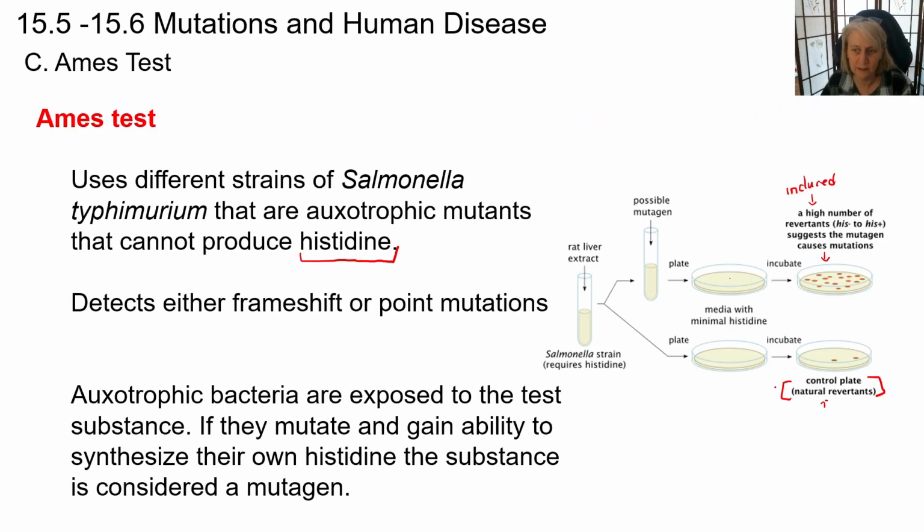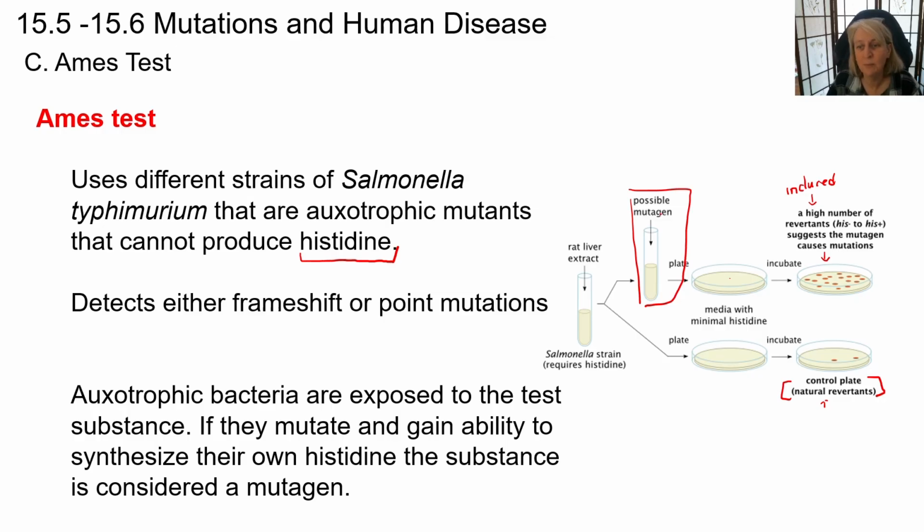When I do this, and this substance is determined to be a mutagen, I might just run it on this plate all by itself and expose the bacterium to the mutagen by itself. Or I might make it grow in a liver extract, so rat liver extract. What that does is allow some of the metabolic processes to occur that would occur in a normal living organism.